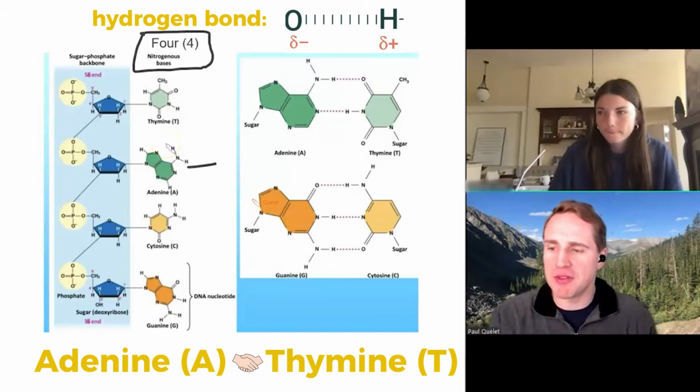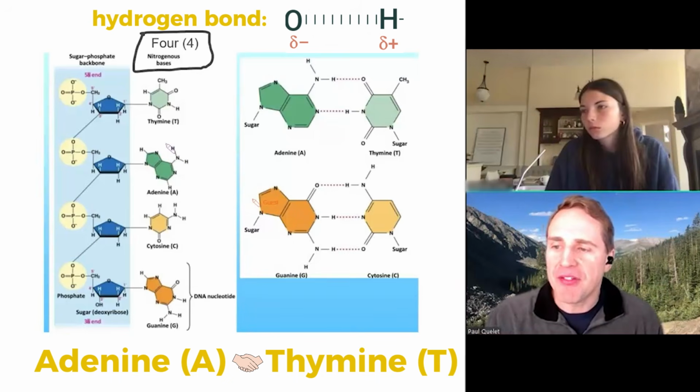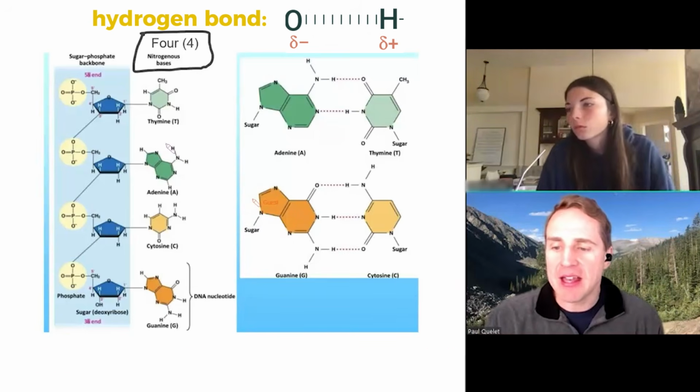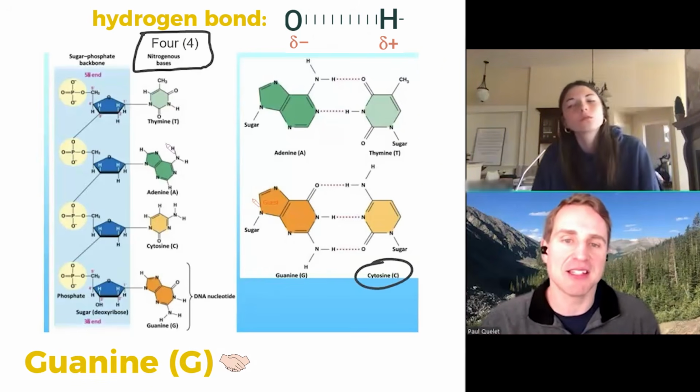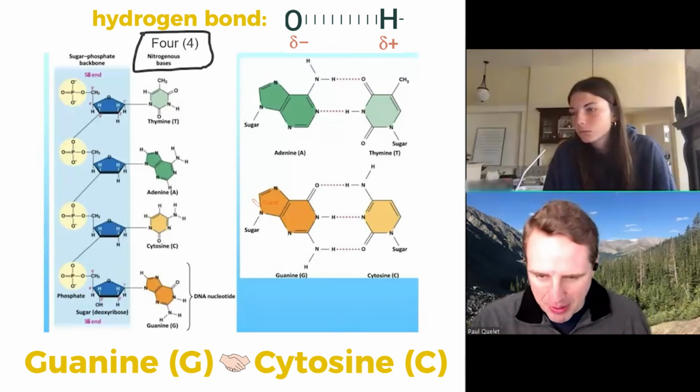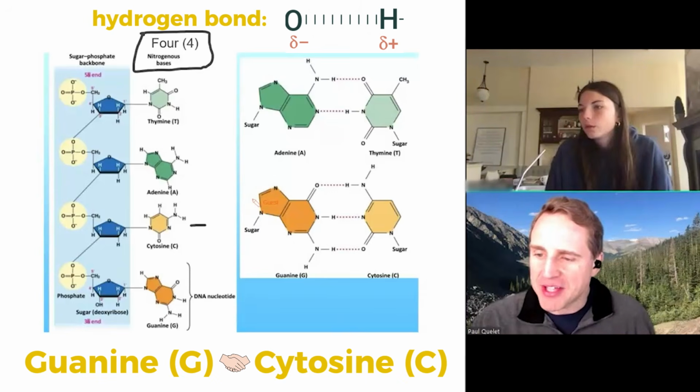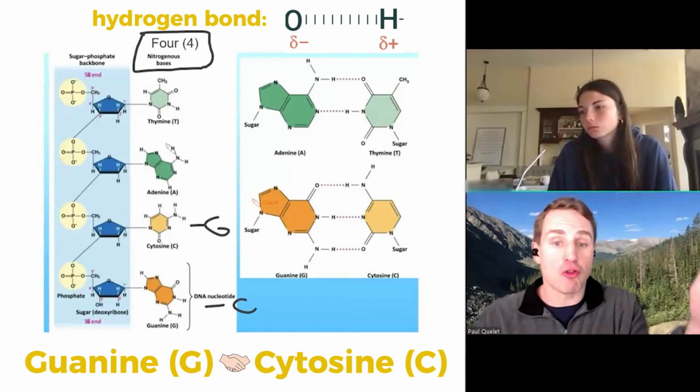So across the bridge of the double helix will be a T. If thymine is sitting here, across the bridge will be an adenine. And then likewise, guanine is always going to bond to cytosine. Since guanine is always going to bond to cytosine, that means if I have a cytosine here, I have a guanine. And if I have a guanine here, I'd have a cytosine across the bridge.